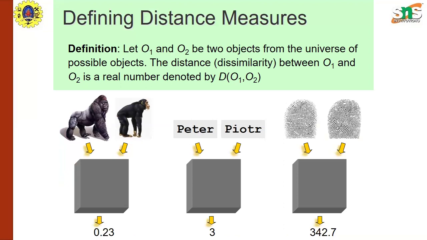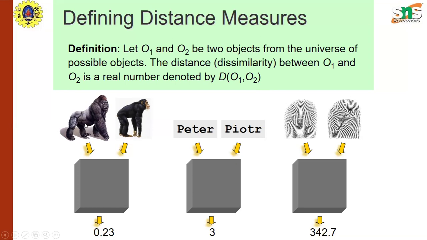This slide defines the distance measures. Consider that there are two objects, O1 and O2, from the universe of possible objects. The dissimilarity between object 1 and object 2 is denoted by a real number, represented as the distance measure D of O1, O2.